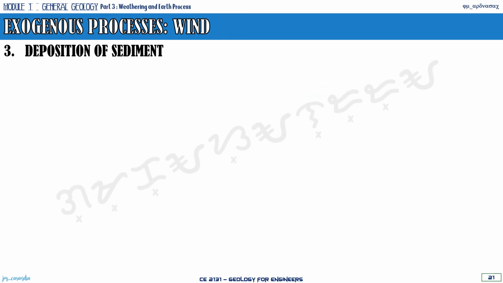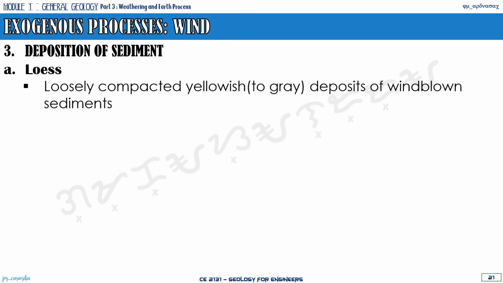So aside from sand dunes, we also have your loess, which are loosely compacted sediments, which are yellowish to grayish or brownish in color, and they are wind-blown, and they will be gathered into a certain spot and form some landforms.